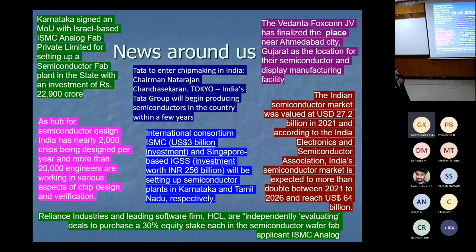What do you feel is happening around us with all this? What are your takeaways? Can you all guess? I showed you so many breaking news items happening currently around us. What do you get out of this? I think the entry barrier is getting reduced. The boost to semiconductors, and then what else?